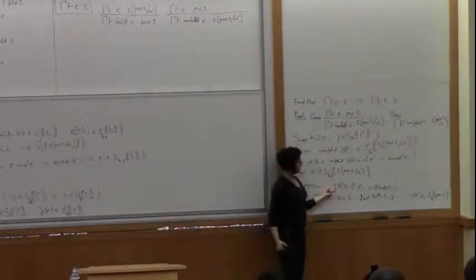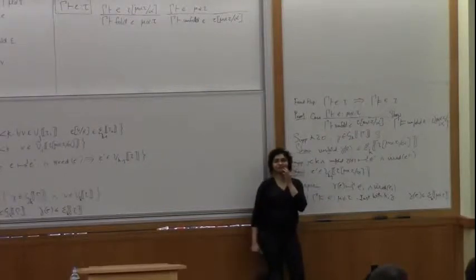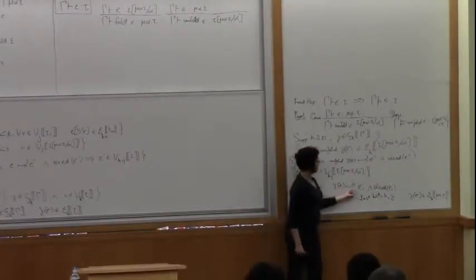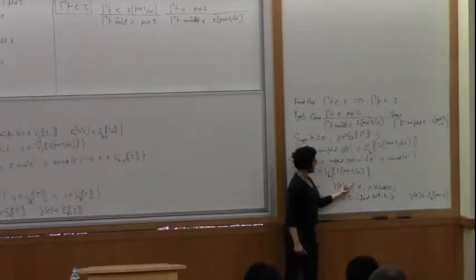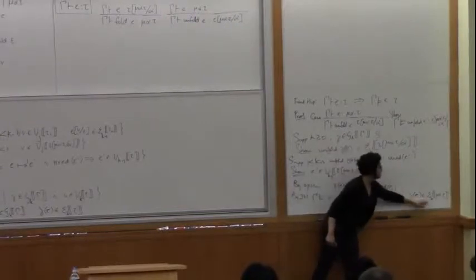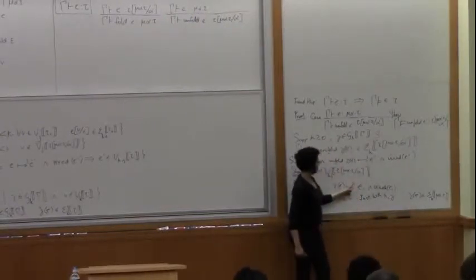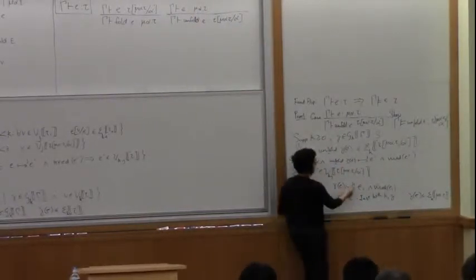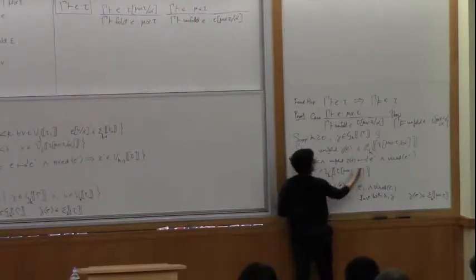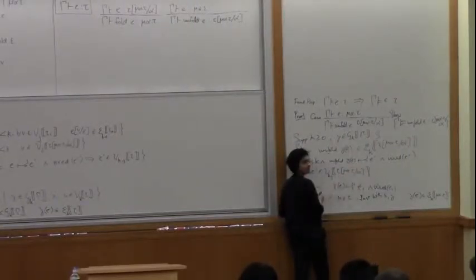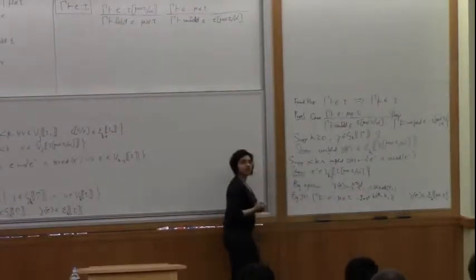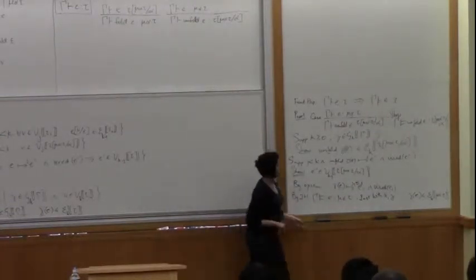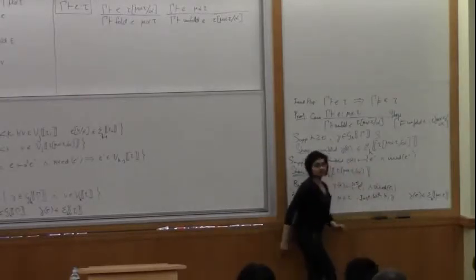So what can we do? We know gamma E reduces to E1, which is irreducible. So let's instantiate this definition with J1. J1 has to be less than or equal to J, by the way. Let me write that down.